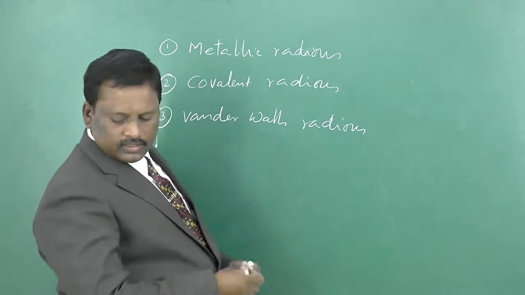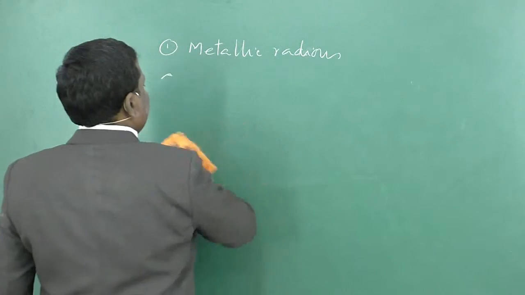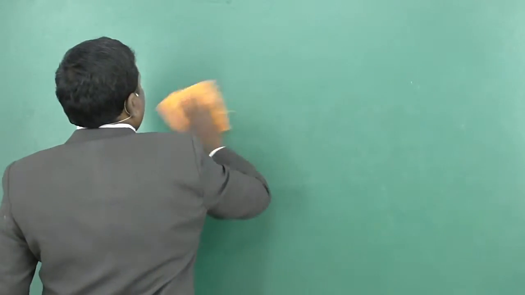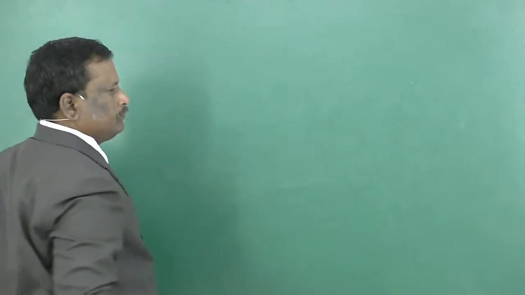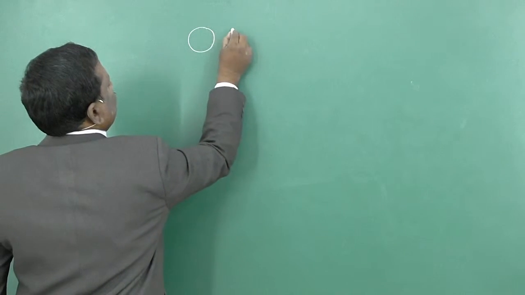Now let us discuss these radii one by one. First one is metallic radius. In a metal crystal, metal atoms are closely packed together.